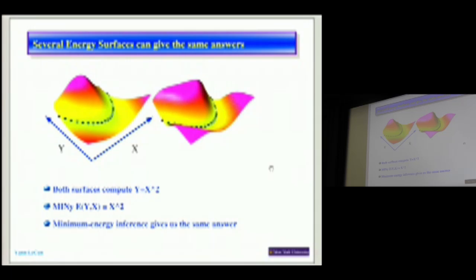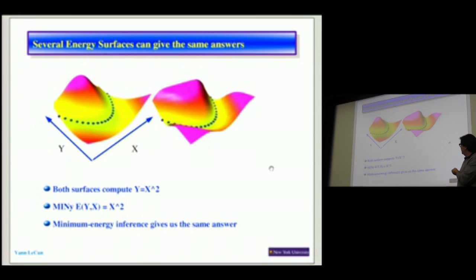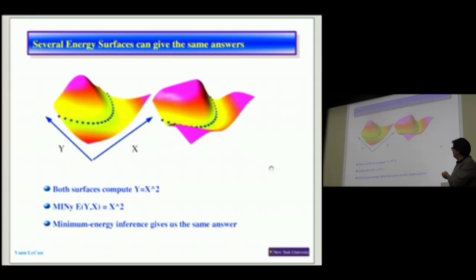So here's an example. This is for regression. It's a very simple example where we have an input variable x and a variable to be predicted y. Both of them are inputs to the energy function. And here we have 2 energy functions. This one and that one both correspond to the same mapping of x to y.